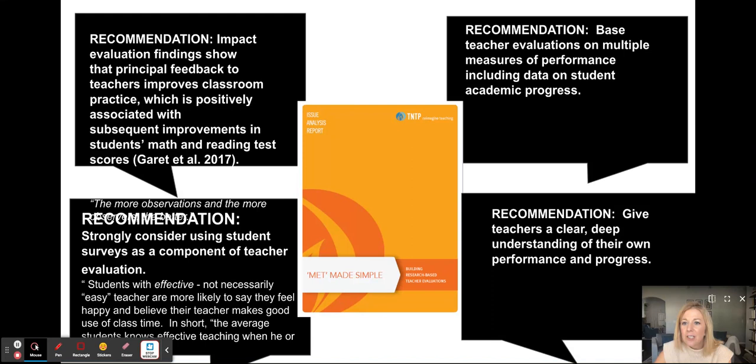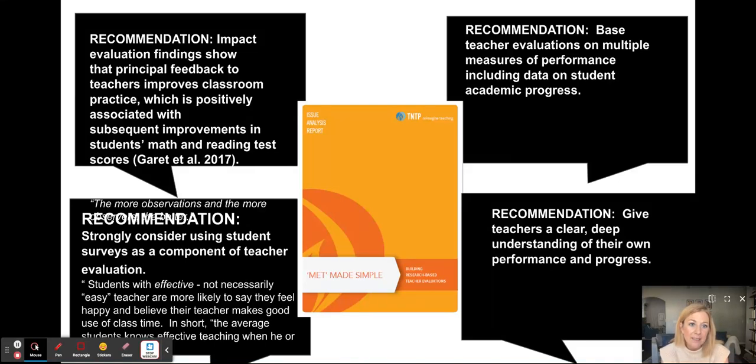Another recommendation was that principal feedback to teachers does improve classroom practice, which they found led to improvements in achievement. And understanding the purpose of the components and how to implement them appropriately is a prerequisite to being able to give effective feedback.